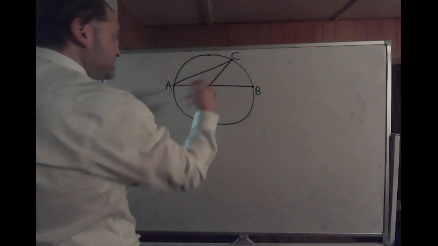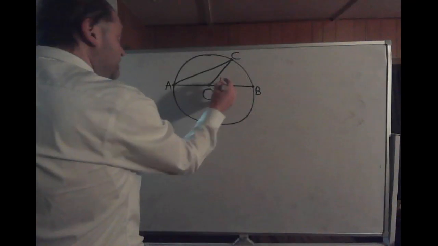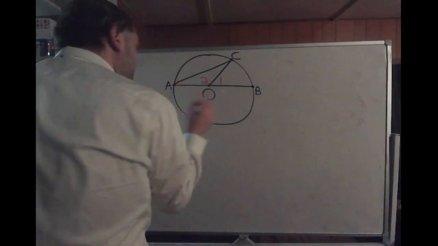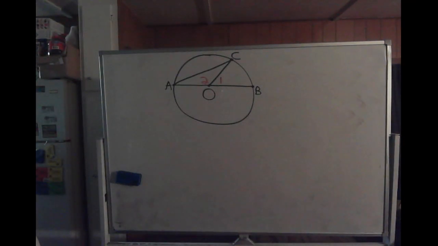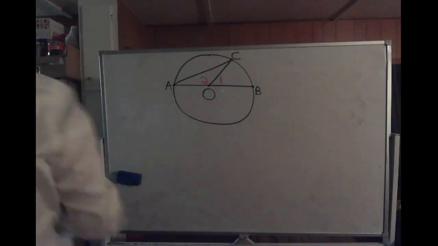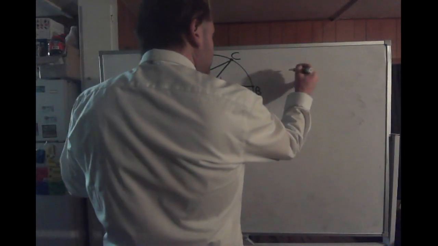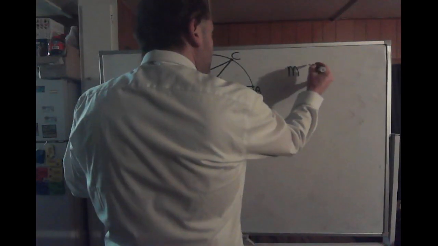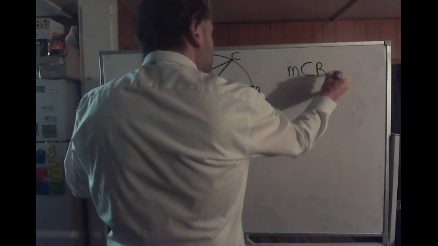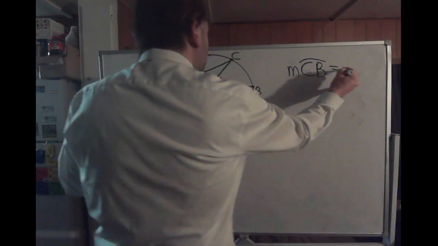Then we have central angle 1 and central angle 2. So let's see what they give us. They give us that the measure of minor arc CB is equal to 60 degrees in this case.